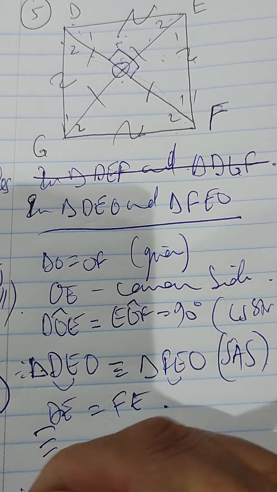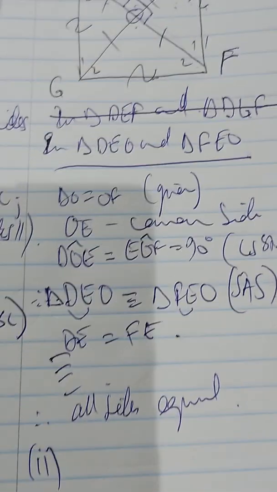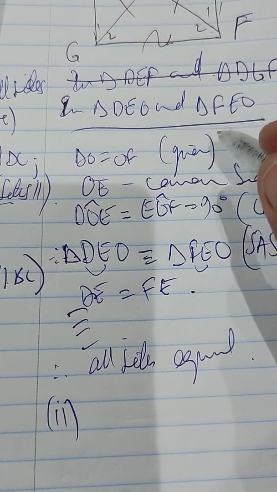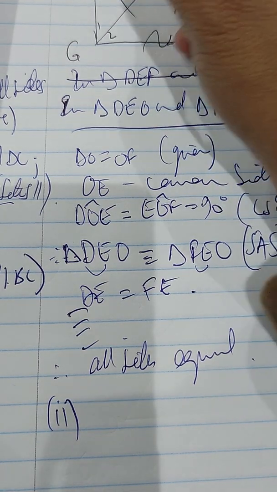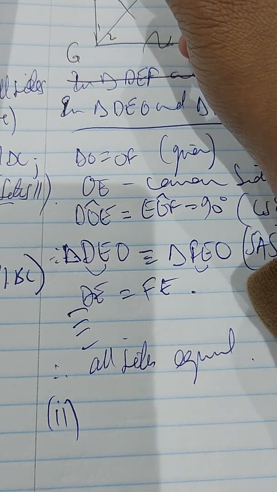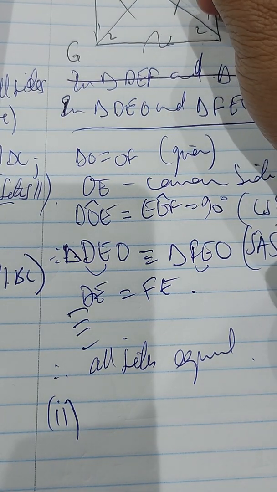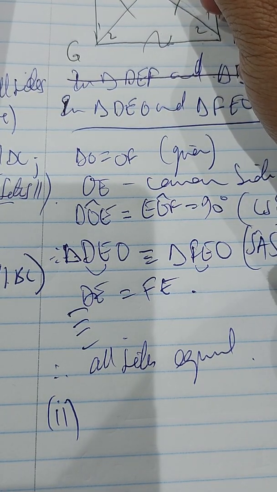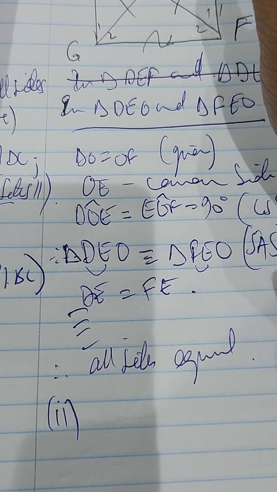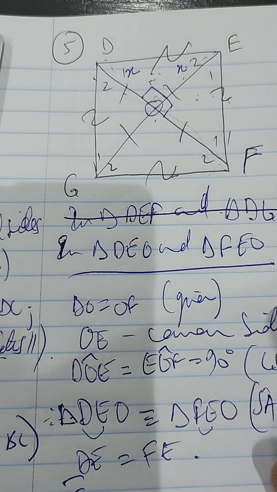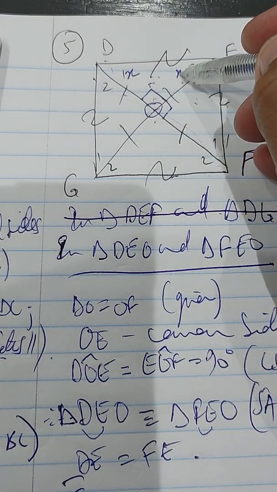Then the second part of the sum says, so now remember all the sides are equal, no? Now we are told that if D1 is x and equal to E2, which is x, prove that angle E is 90. Okay? So here's an x.